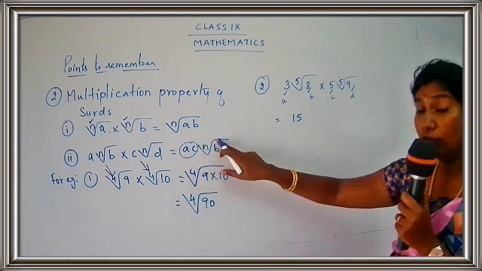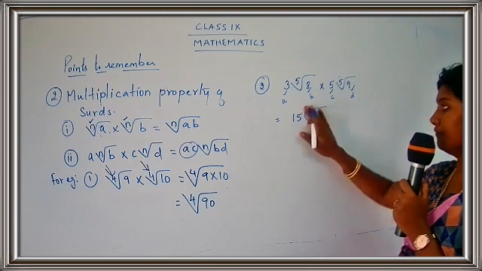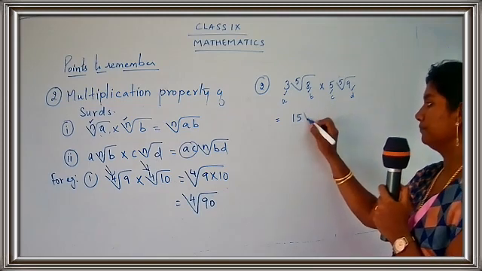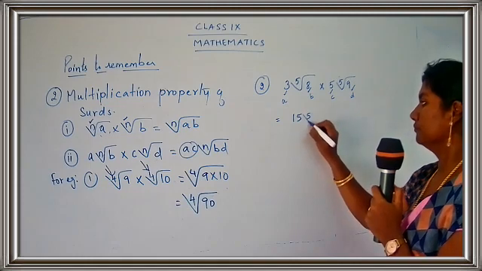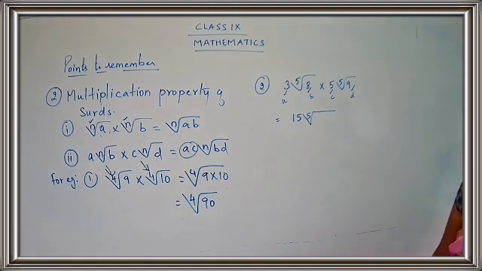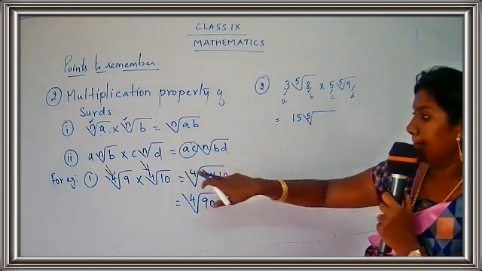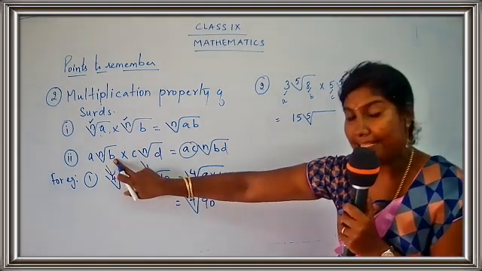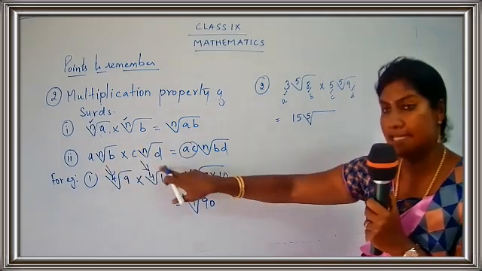Now, nth root of BD. So put the root sign and write the root. It's fifth root. B into D. So you are going to multiply the radicands. B is the radicand and D is the radicand.